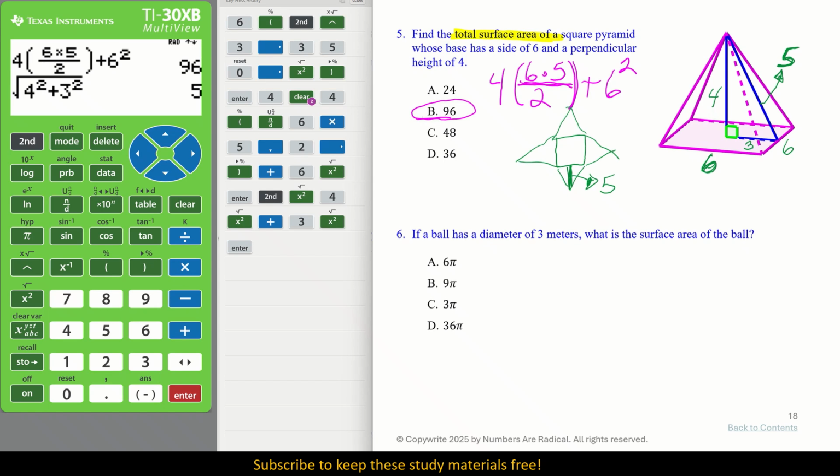If a ball has a diameter of 3 meters, what is the surface area of the ball? Now, that is on your formula sheet, and we know the surface area is 4 pi r squared.